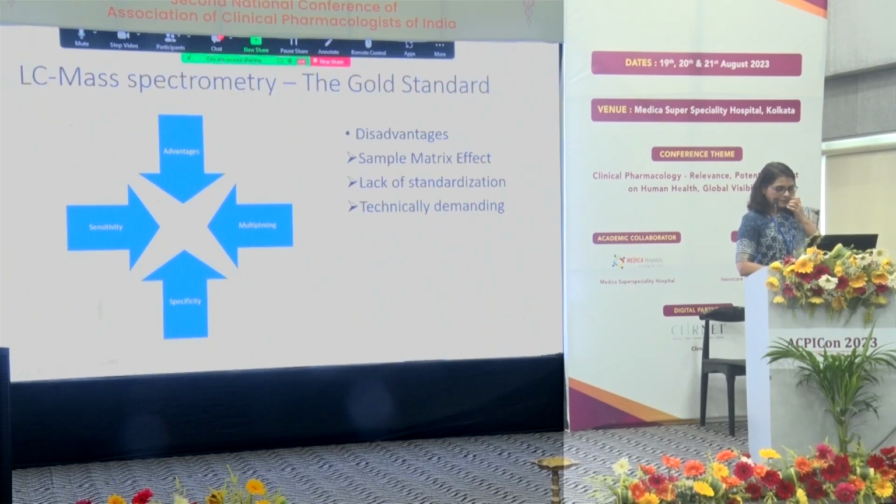So next is the mass spectrometry. Mass spectrometry is much better in terms of sensitivity, specificity and multiplexing that I just discussed. The most important disadvantage of mass spectrometry is the handling, because it is very technically demanding.